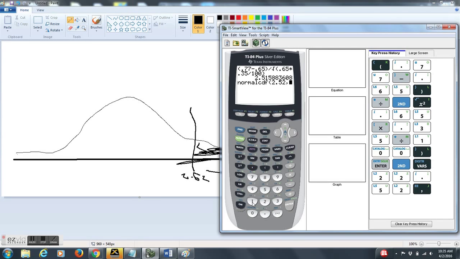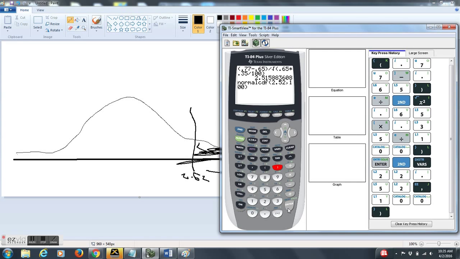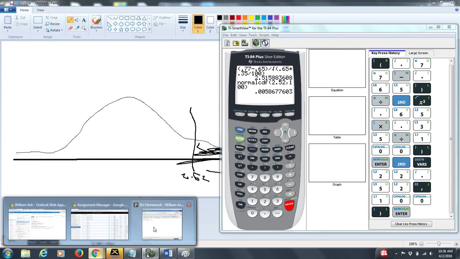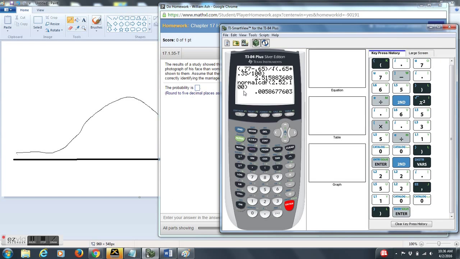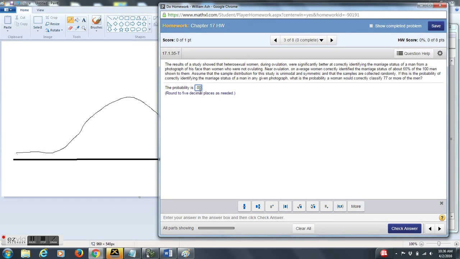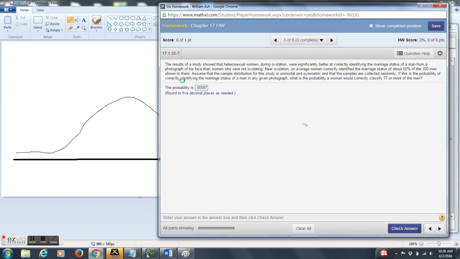I'm putting in 100, but it doesn't really matter. As long as it's more than like 9, you're in pretty good shape. And there's your probability, the area under the curve. It's 5 decimal places: 0.0587. Yay, okay, cool.